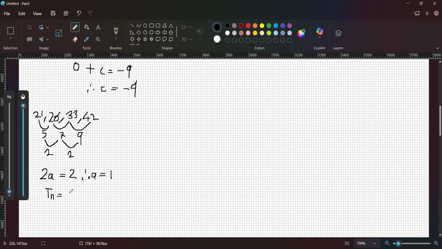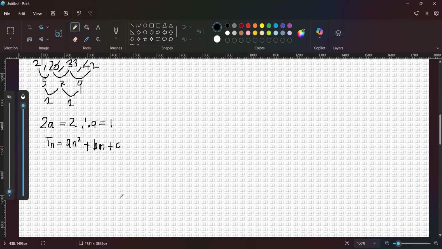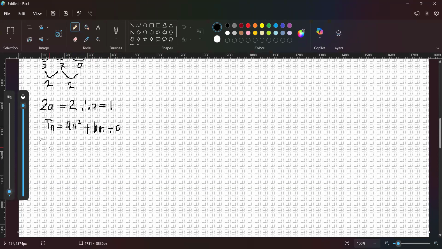So, let's write it out. An squared, even though we know that the A is 1, let's still write it. But the ones that we don't know are B and C. Okay, so here we go.